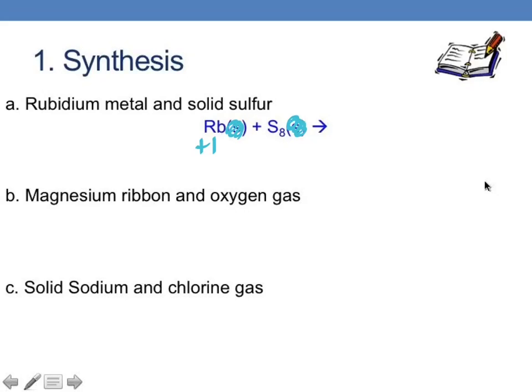Sulfur has a charge of what? Minus 2. So what is the formula going to be? Rb2S. All right, what we've been doing, metal and nonmetal. Now we go back and we have to balance it. I need 8 S's, which gives me how many Rbs now? 16.